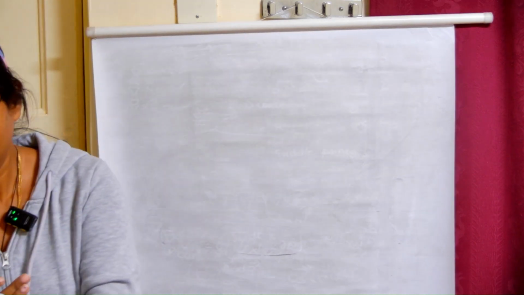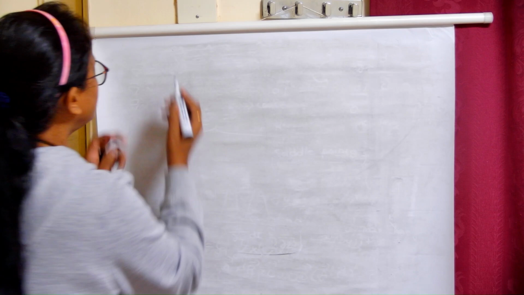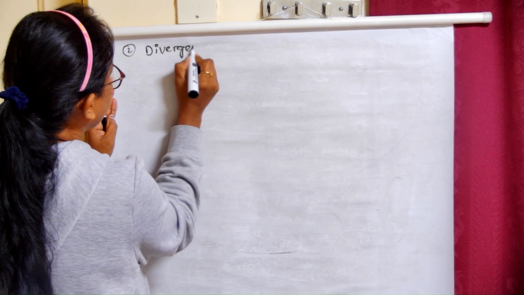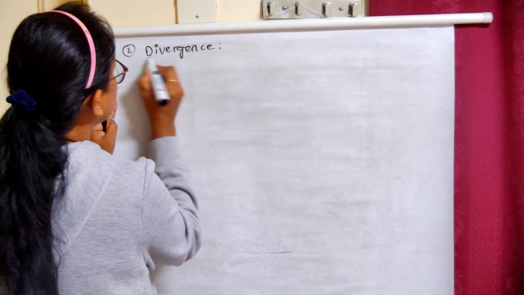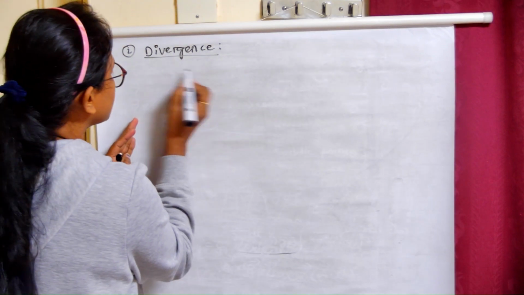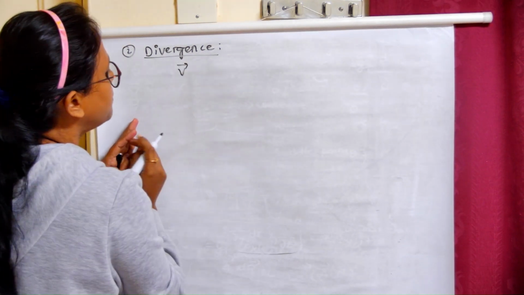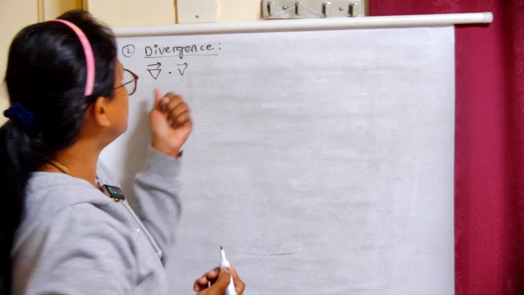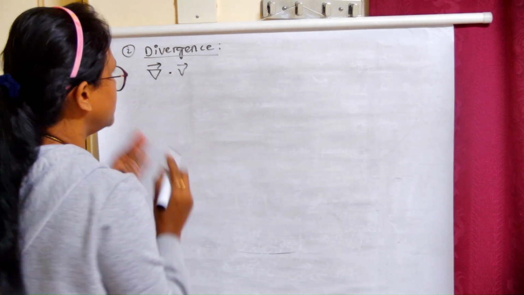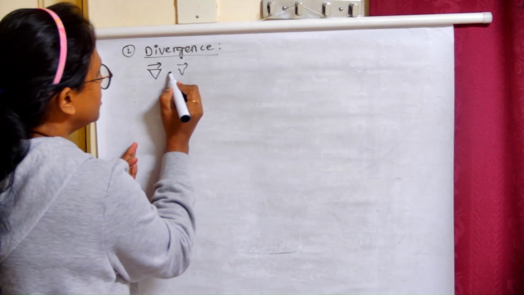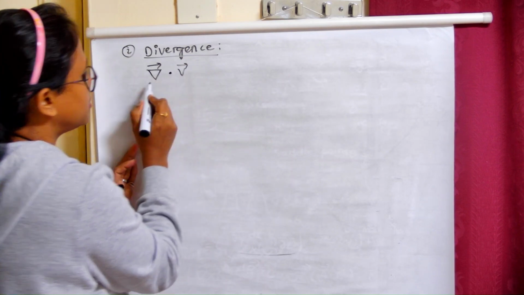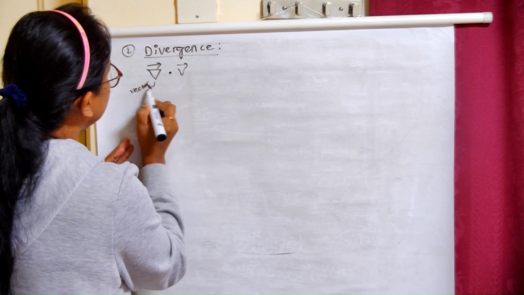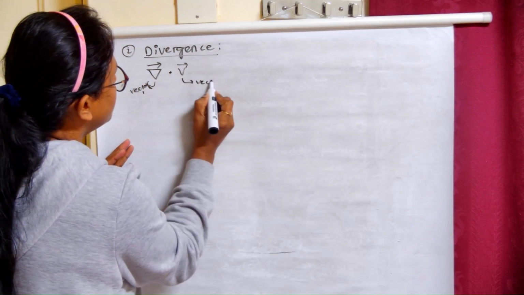We have already seen the gradient, and now let us discuss the divergence. Say for example, we have a vector v bar. If we operate the del operator through dot product, it is called divergence. Arithmetically, it has the meaning of a dot product between two vectors. This is a vector and this is a vector.